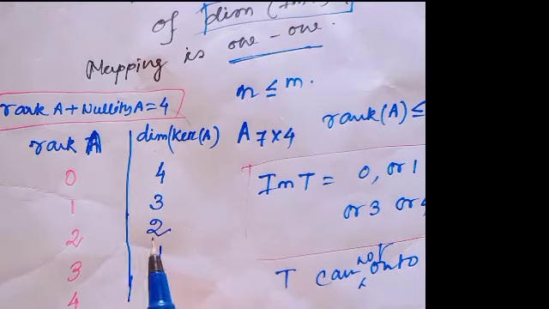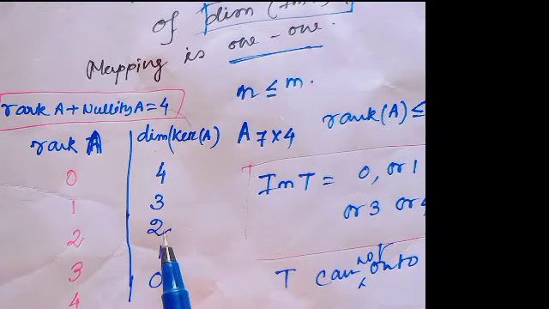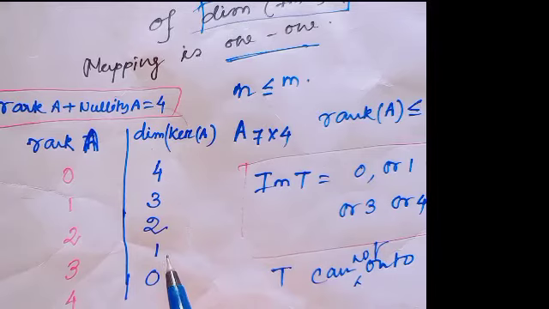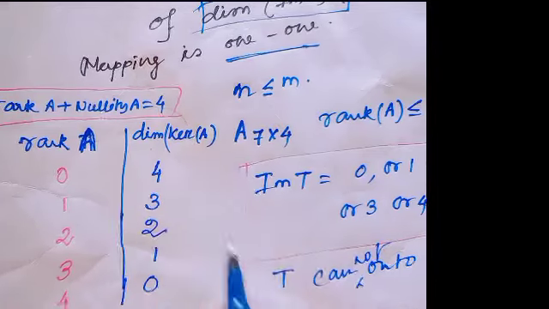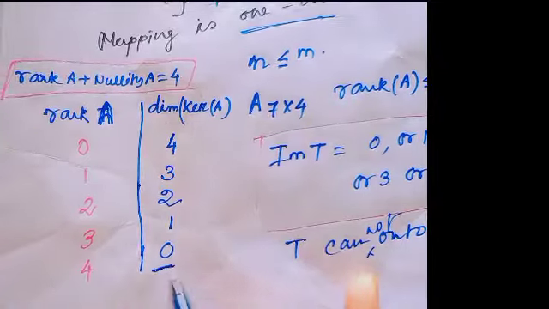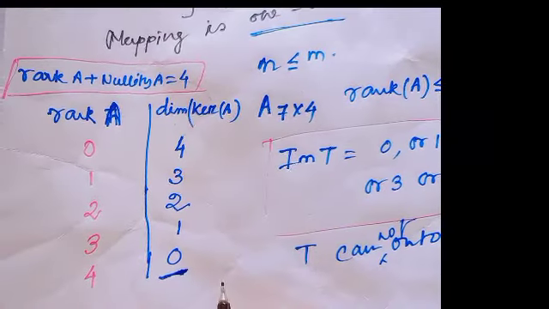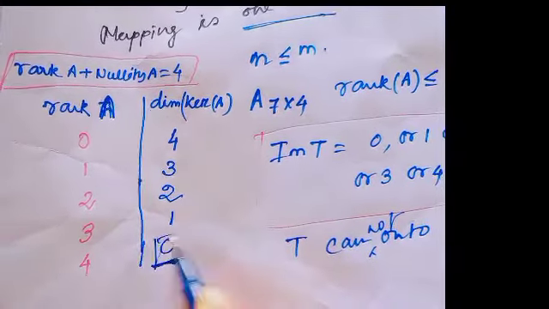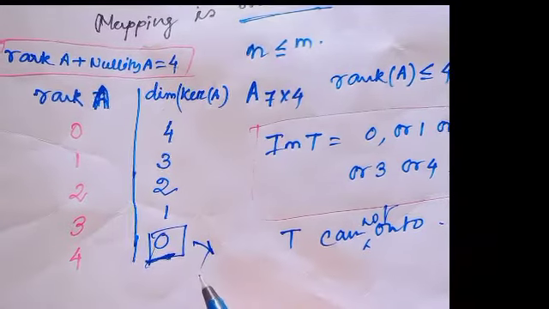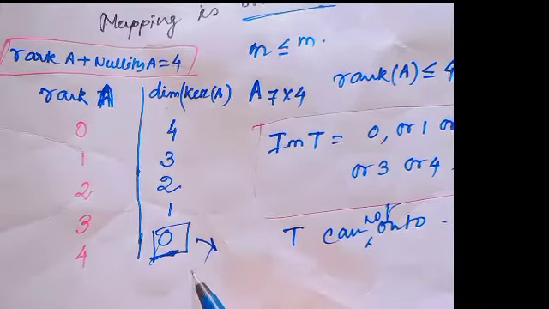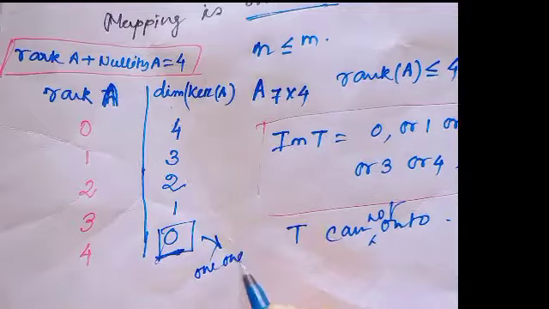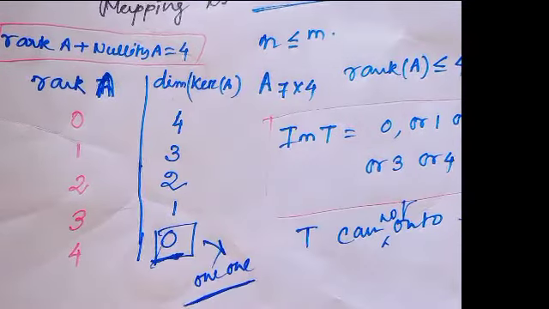When 2, then the kernel of the matrix is 2. And when 3, the kernel of the matrix is 1. And when 4, the kernel of the matrix is 0. That means when the kernel of the matrix is 0, then obviously this linear transformation is 1-1. Are you getting the other method?